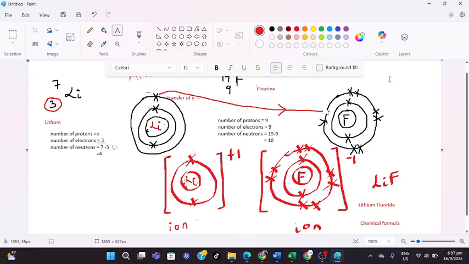When it's bonded, we call the non-metal by the ending ride instead. If you look at chlorine, you must have heard about it. On its own, it's called chlorine, but when I react it, I'm going to call it chloride. Just like with fluorine, after it bonds, we call it fluoride. So that's the difference.